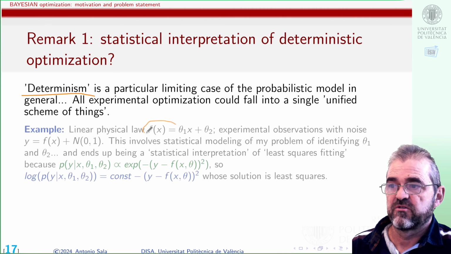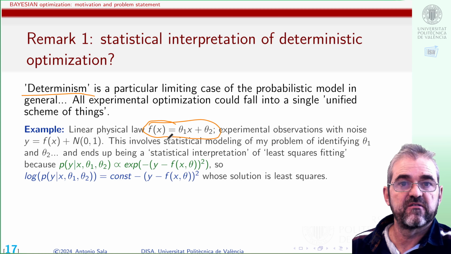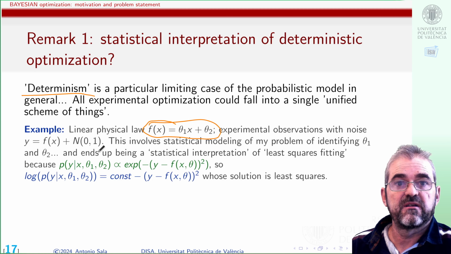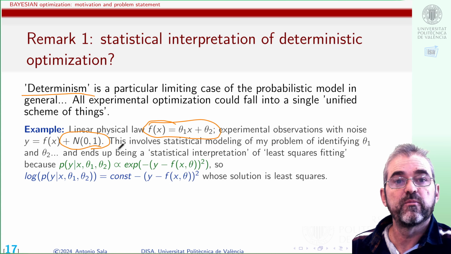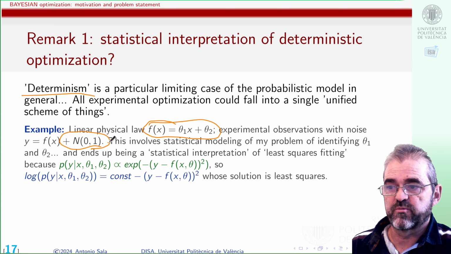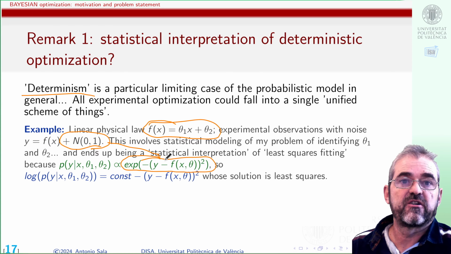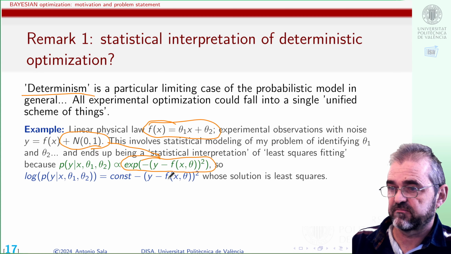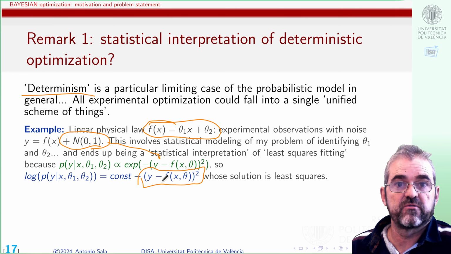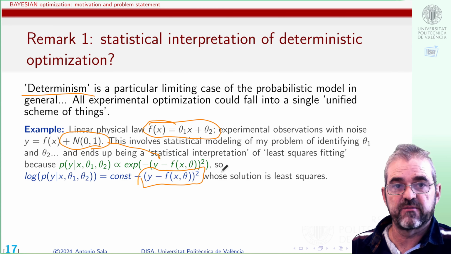For instance, just least squares fit of a linear model can be given a statistical interpretation if I think that my samples are corrupted by normally distributed noise, whose probability is a function of the squared error exponential, and then the log probability depends on the squared error, so least squares minimization can be embedded into a statistical interpretation.